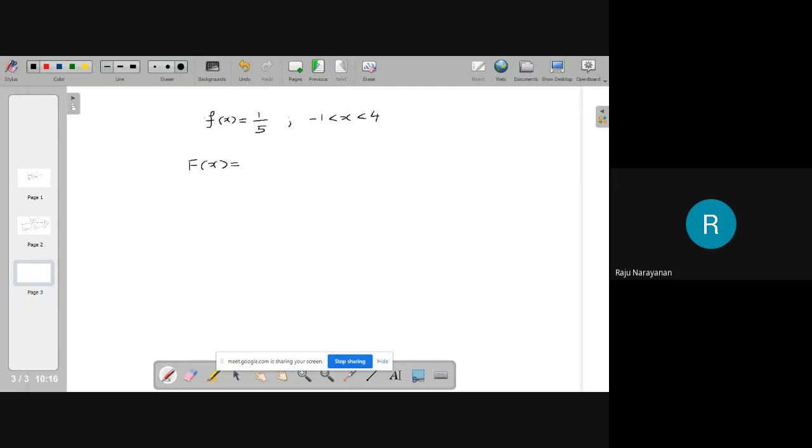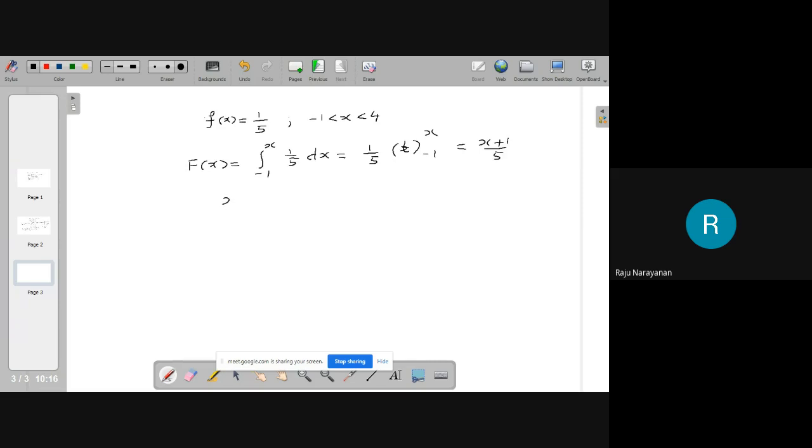F of x is the integral from minus 1 to x of f(t) dt. 1 by 5 is a constant, then t between minus 1 to x, therefore this will be (x plus 1) by 5.